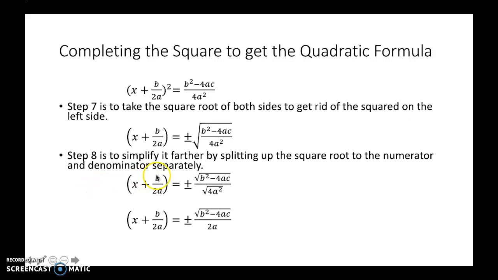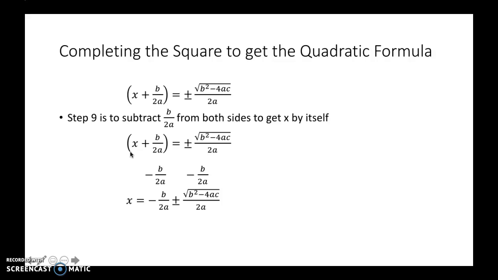Then we can split the square root up to both the numerator and denominator of the fraction, and by doing this we are able to make the bottom denominator of the fraction 2a, since the square root of 4a squared is 2a.